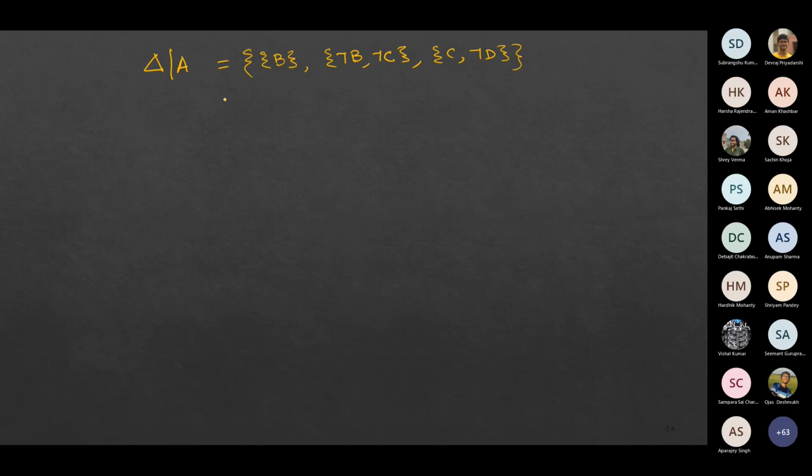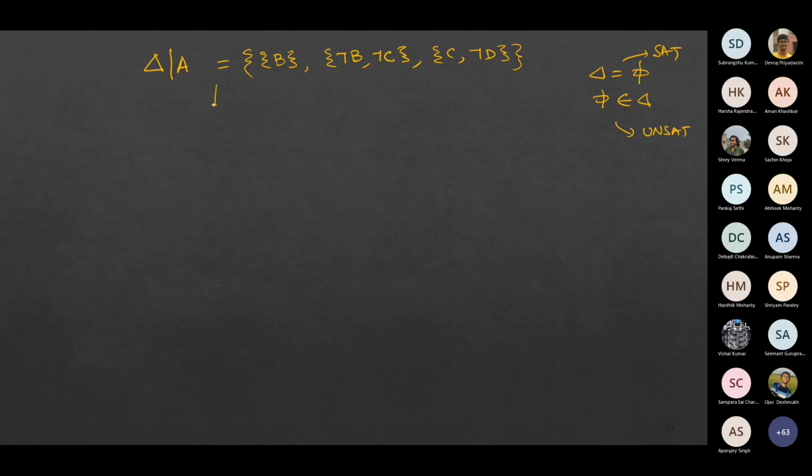Our base condition is either delta is equal to phi, or phi belongs to delta. So this is the case of SAT, and this is the case of UNSAT.